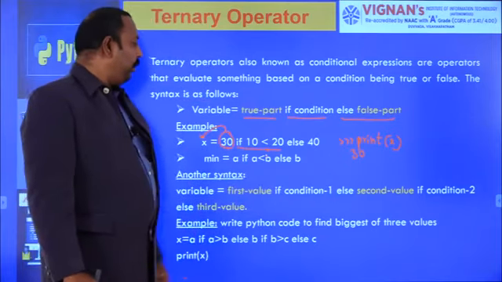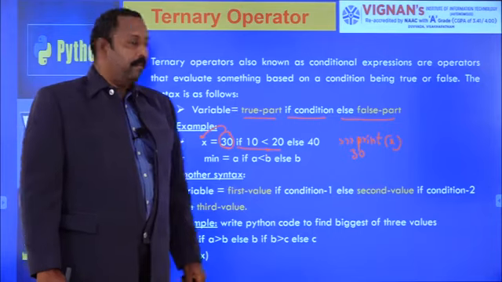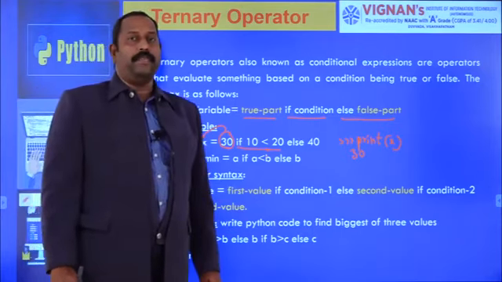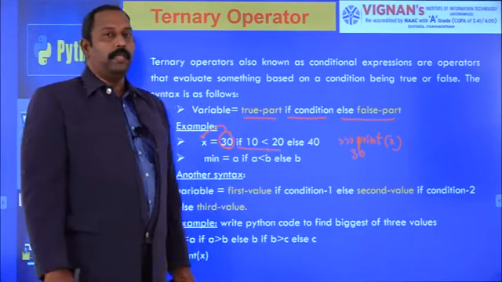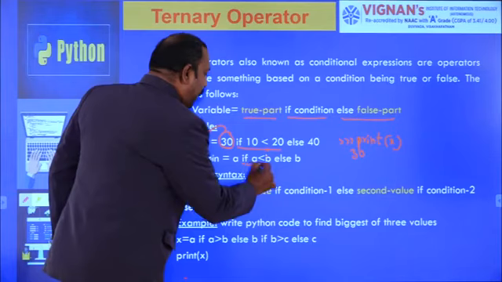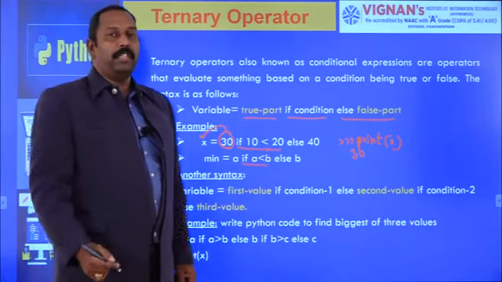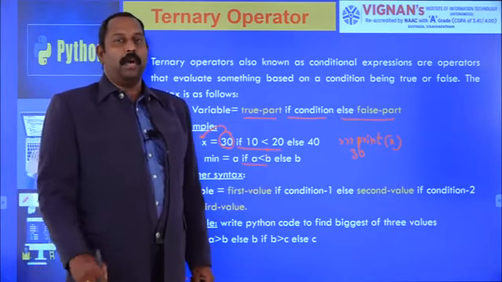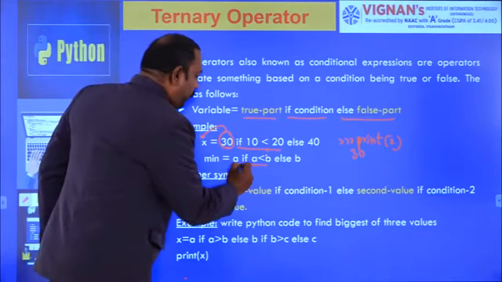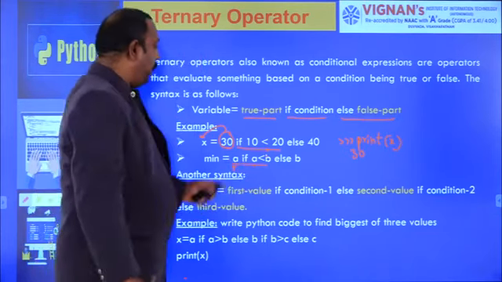And also you can write a logic for finding the minimum of two numbers. Suppose you have taken two numbers a and b. If a is less than b, which one is the smallest value? a is the smallest value. So if the condition a < b is true, it will execute the true part.